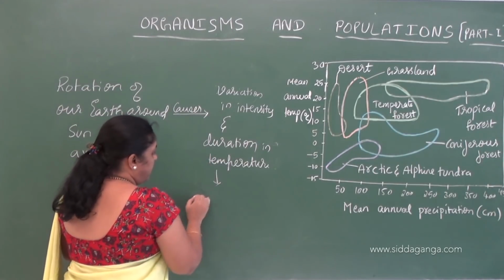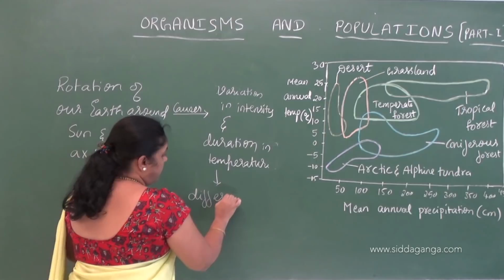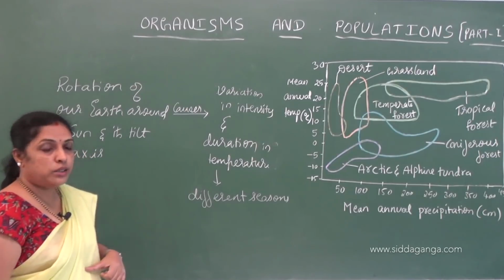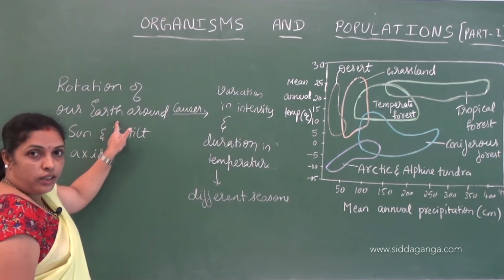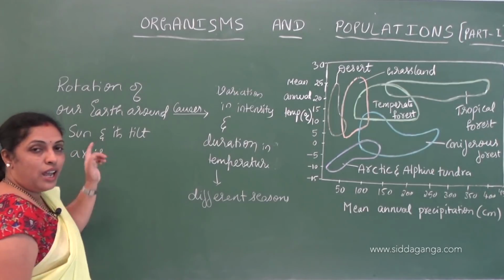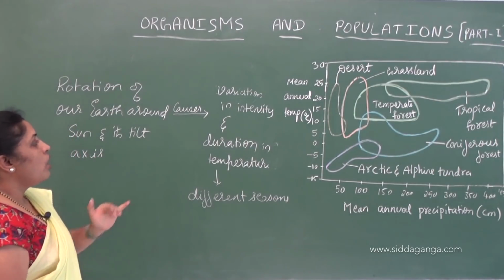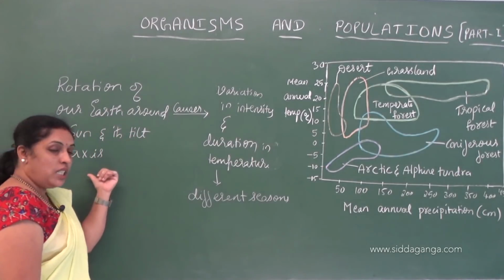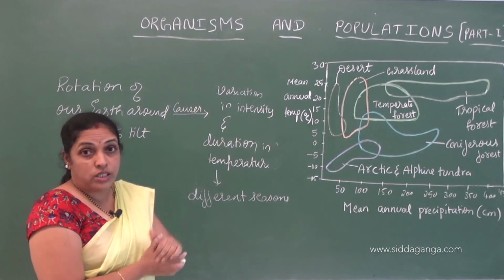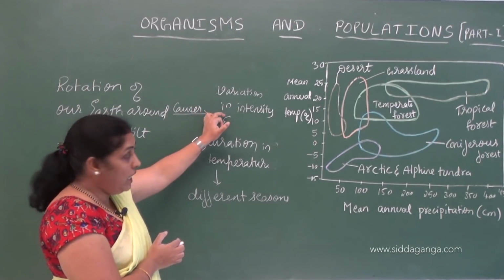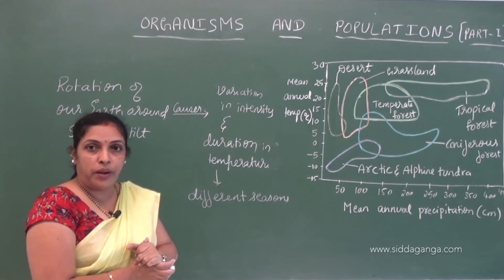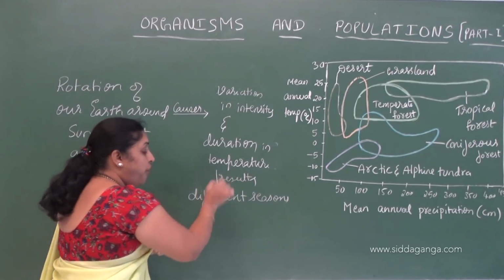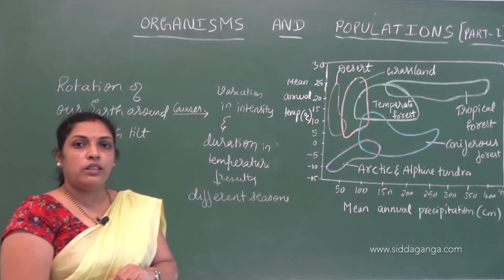That causes different seasons on the earth. Our planet, the earth, revolves around the sun, and the earth is a little bit tilted. So its tilted axis causes, what does it cause? It causes variation in the intensity and duration of temperature that results in different seasons on the earth.